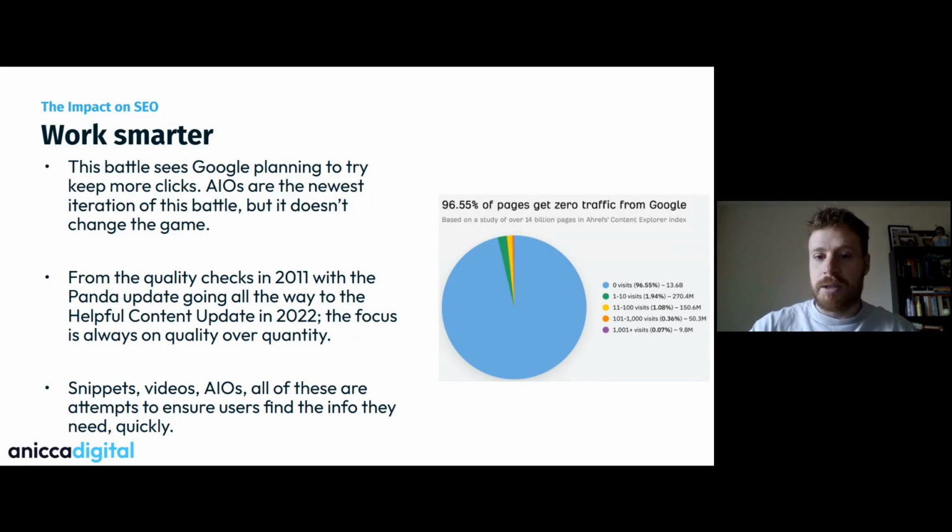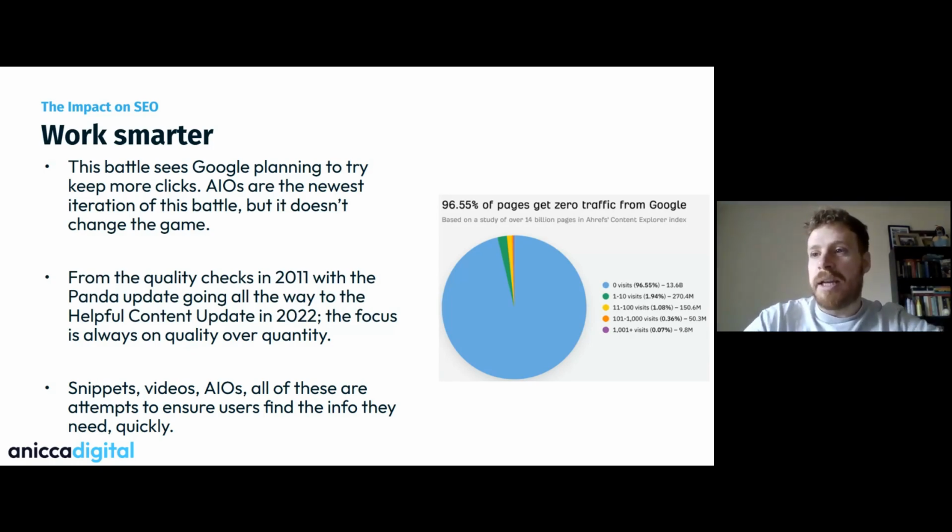So this battleground has led to Google trying to keep more clicks to themselves. They are a business after all, so it makes sense. AIOs are just the newest iteration of their attempt to stay on top. You can see Google's been trying to ensure quality is front and center since 2011.